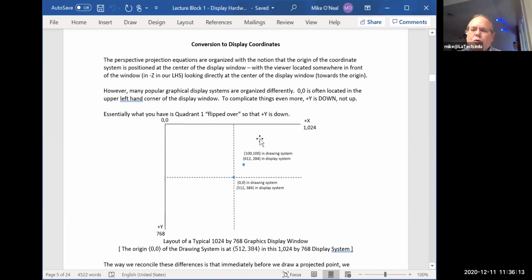Anyway, this is quadrant 1, right? Positive X, positive Y. So if I had X that went from 0 to 1024, this is 1024 by 768, right? A 4:3, relatively high resolution graphics. And this would sit in some window that would be somewhere on the screen.